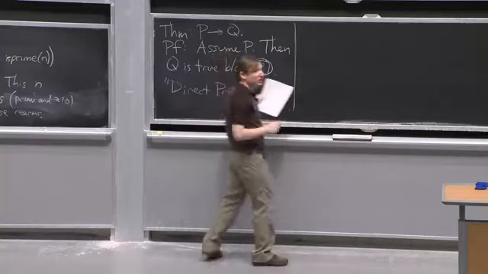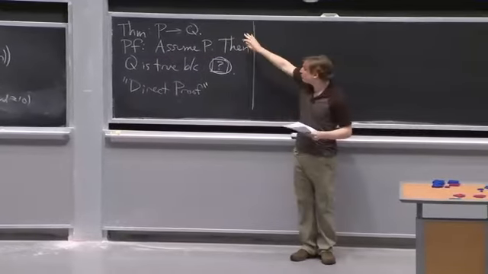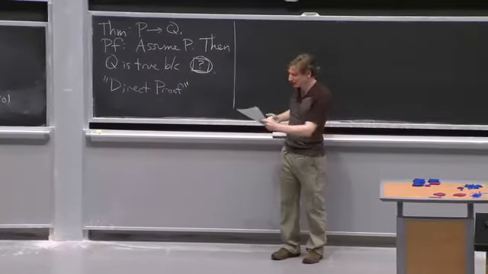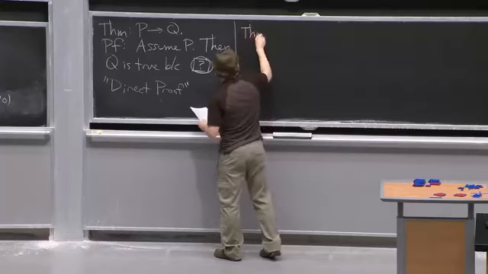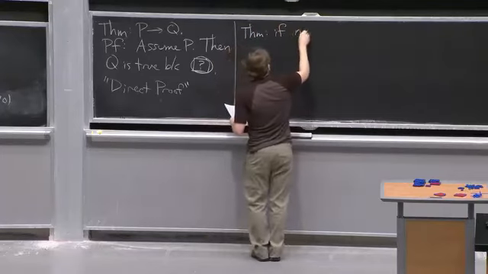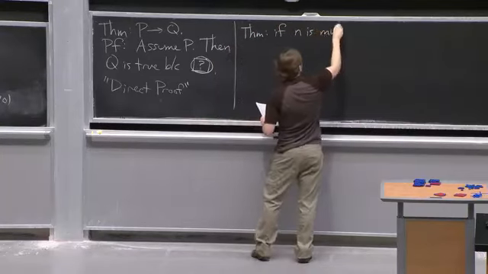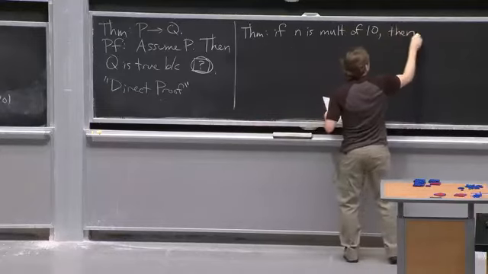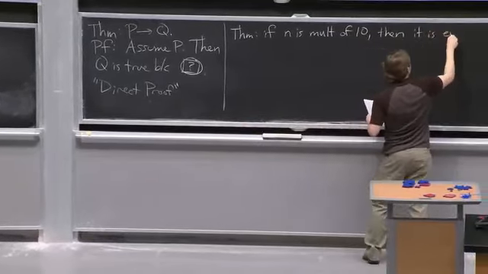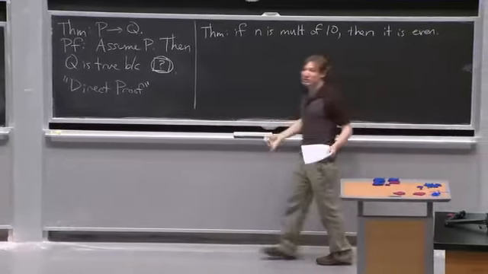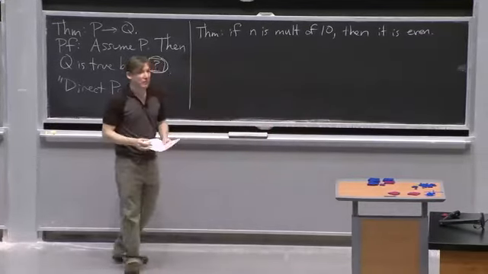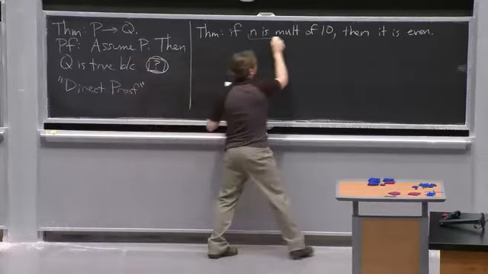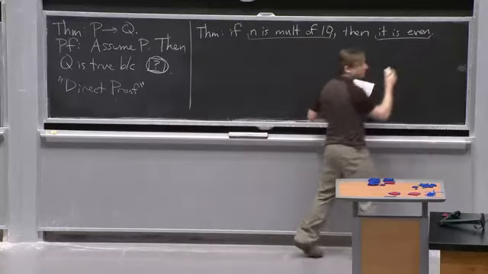Actually, sorry, before that, let's do an example of proving something in this fashion. Theorem. If n is a multiple of 10, then it is even. We're proving an implication. N multiple of 10 implies even.